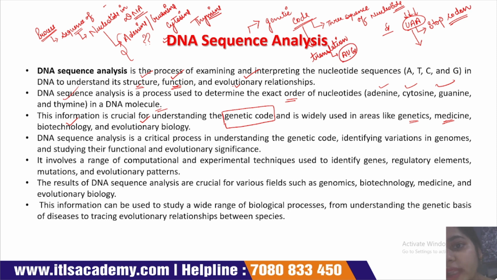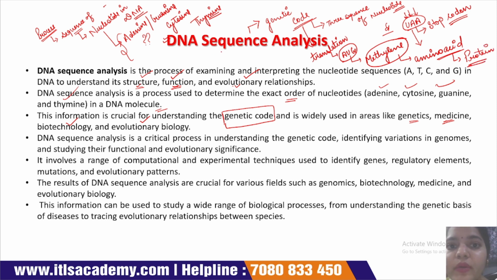AUG is a genetic code that codes for methionine. Methionine is a type of amino acid, and these amino acids are the building blocks of protein. That's why this DNA sequence analysis is very important.